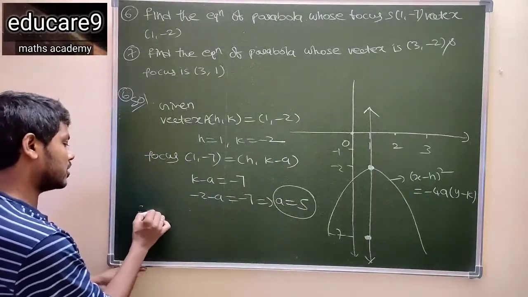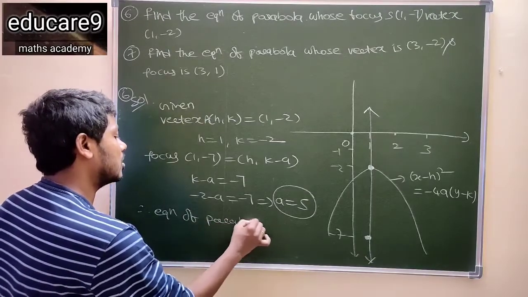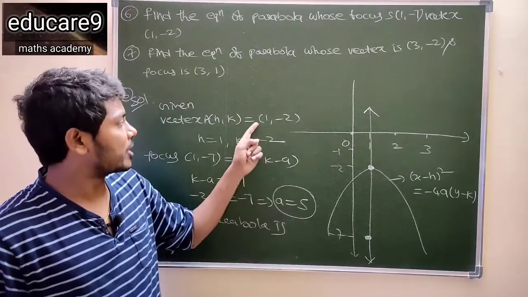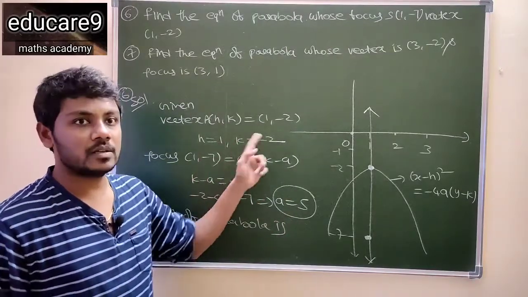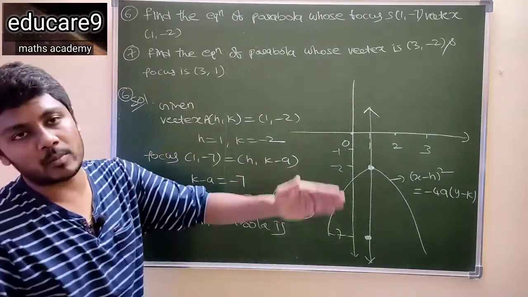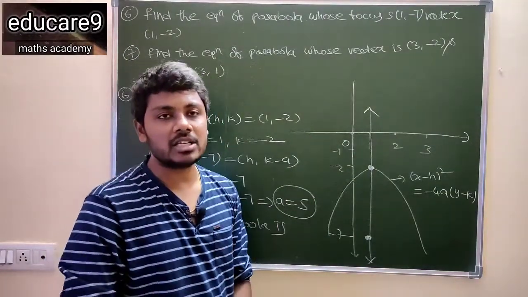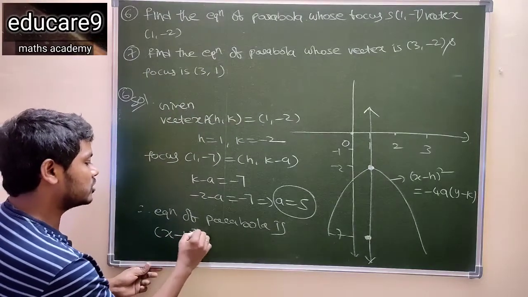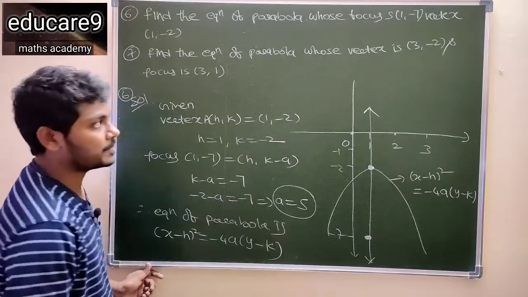So therefore, equation of parabola is, so clearly x coordinates of focus and vertex both are same. So clearly in that case the axis is parallel to the y-axis and the parabola opens on the negative y-axis side. In that case the equation of the parabola is (x - h) whole square is equal to -4a into (y - k).